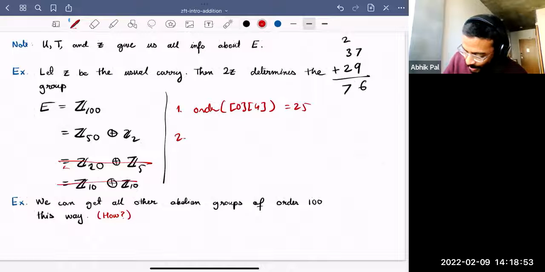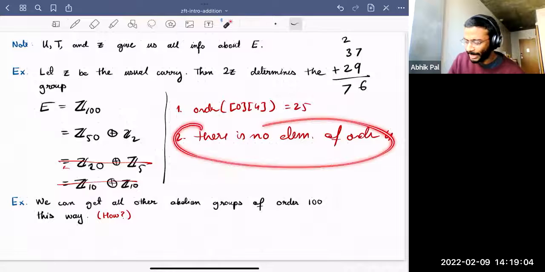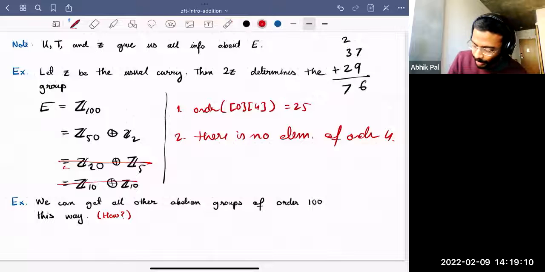And the second thing that I note is that there is no element of order 4. You'll have to play around with this a little bit to convince yourself that this is in fact true. And since there is no element of order 4, I can eliminate the group Z mod 100.